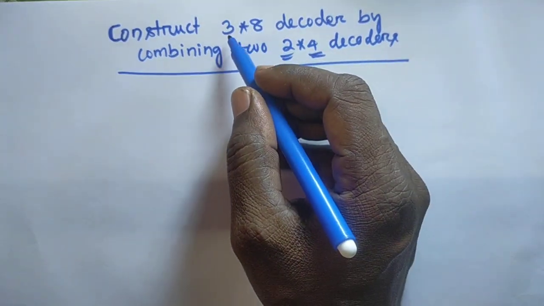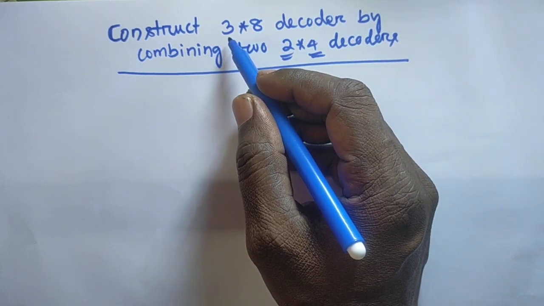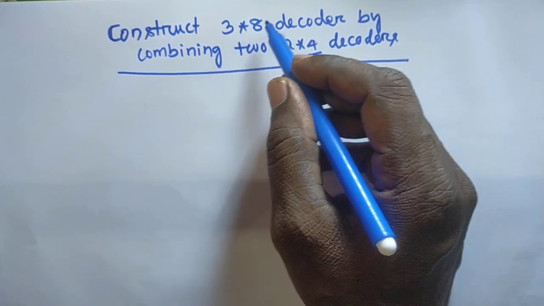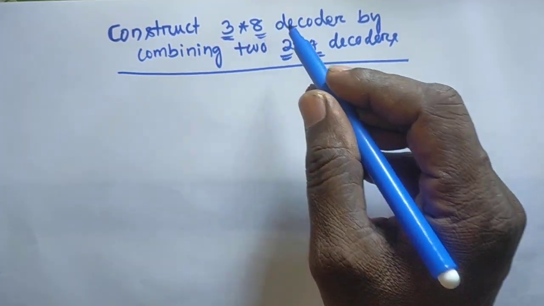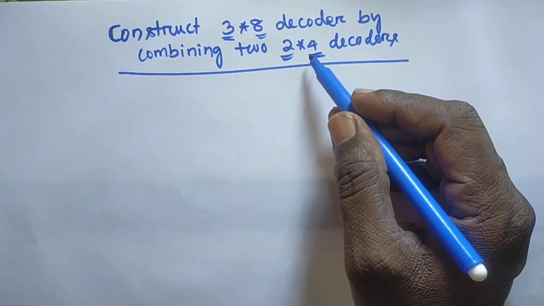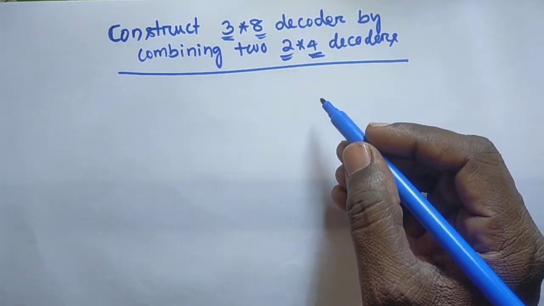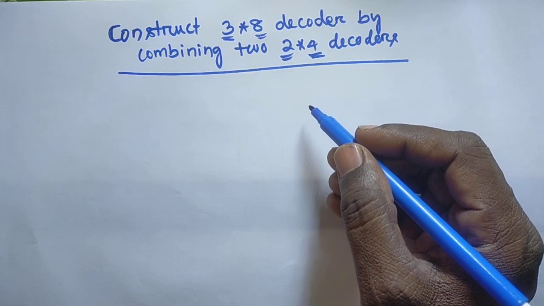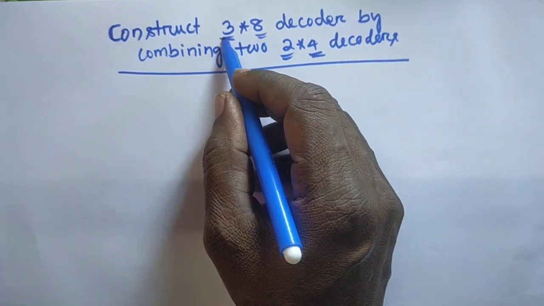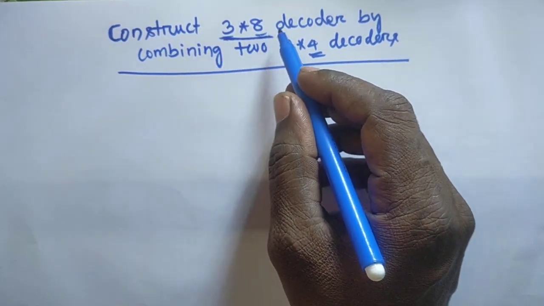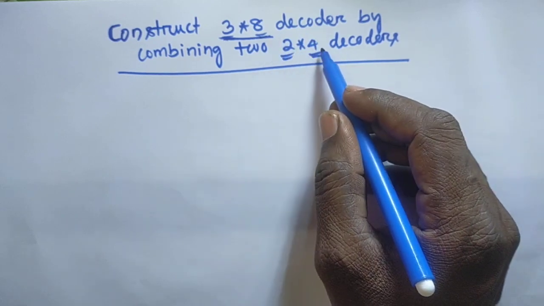And a 3 into 8 decoder needs 3 inputs, which provide 8 outputs. 3 inputs, 8 outputs. This defines a 3 to 8 decoder. Now, today we will discuss another concept: how a 3 to 8 decoder is constructed based on 2 into 4 decoders.